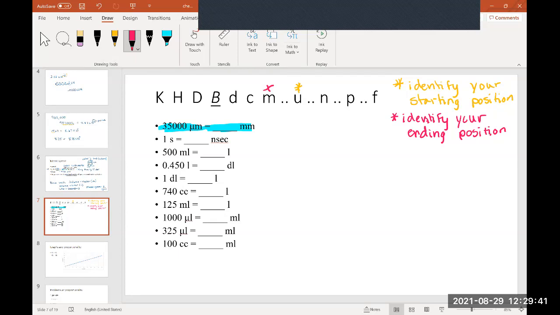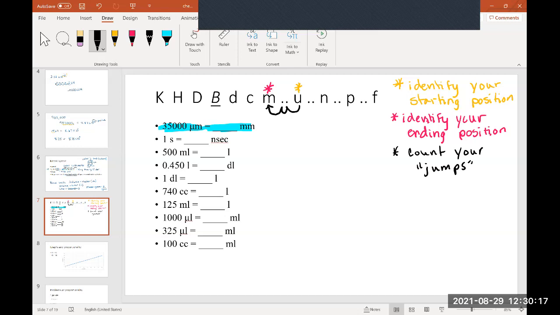So this is our ending position for this first problem. Next step, count your jumps. What do I mean by that? Count how many spots you need to jump to get from your starting position to your ending. So here we go. I need to go 1, 2, 3 positions.